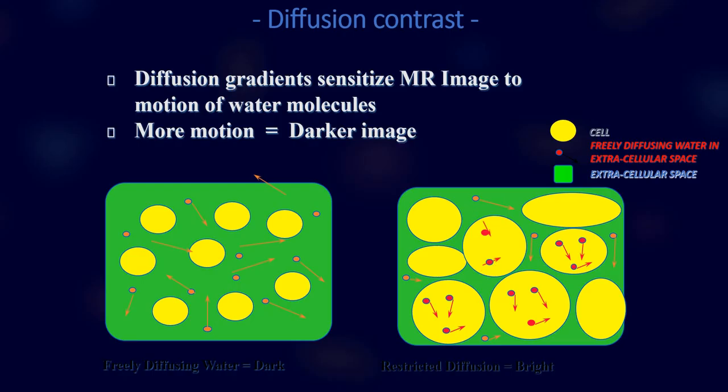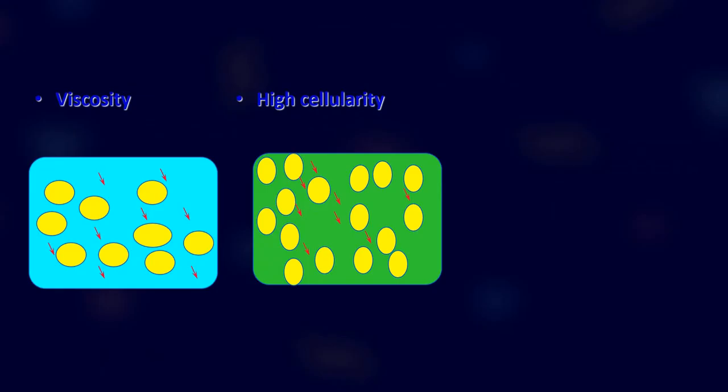This is why in acute arterial ischemia the diffusion is restricted. Again, if the nature of the extracellular space itself is changing and this extracellular fluid becomes more viscous, the viscosity of the extracellular space increases. This occurs in conditions like when a pyogenic abscess forms, so it shows restricted diffusion.